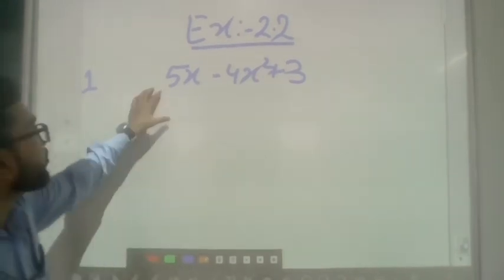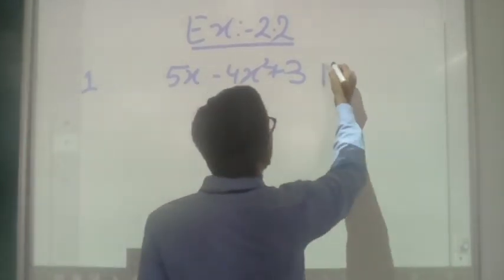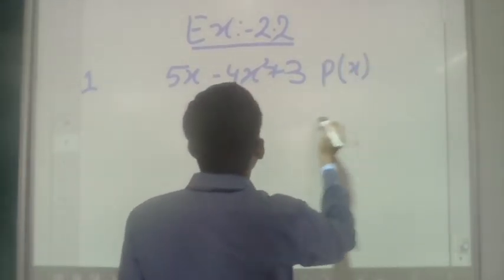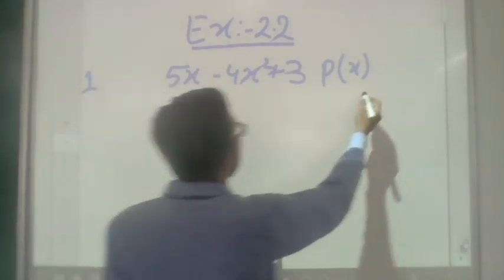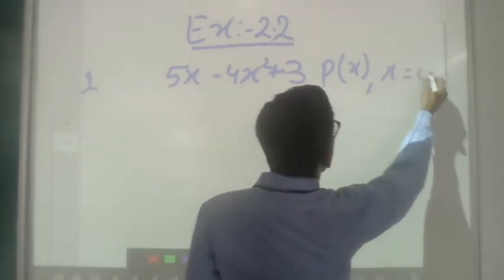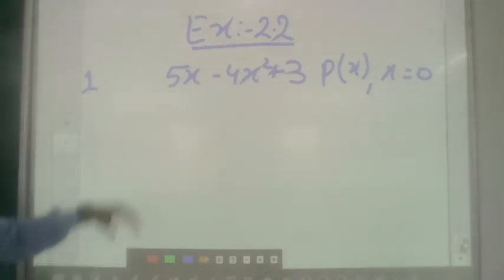Find the value of this polynomial. This is a polynomial in x, and x is equal to what? 0. So put x is equal to 0.